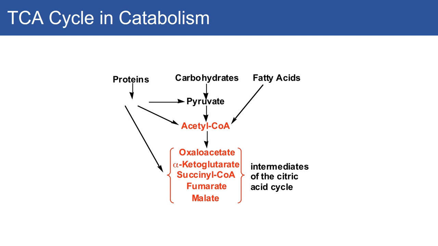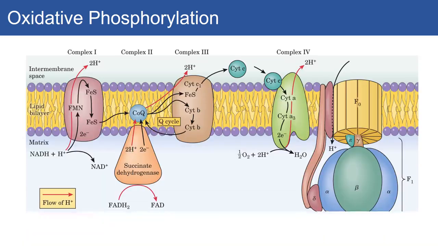We have intermediates of the citric acid cycle, and as we go from intermediate to intermediate, those intermediates spin off molecules that allow us to generate the energy in oxidative phosphorylation. The important part of this is you can see that we feed into this cycle, just a different view of feeding these biomolecules into this cycle in order to generate energy.